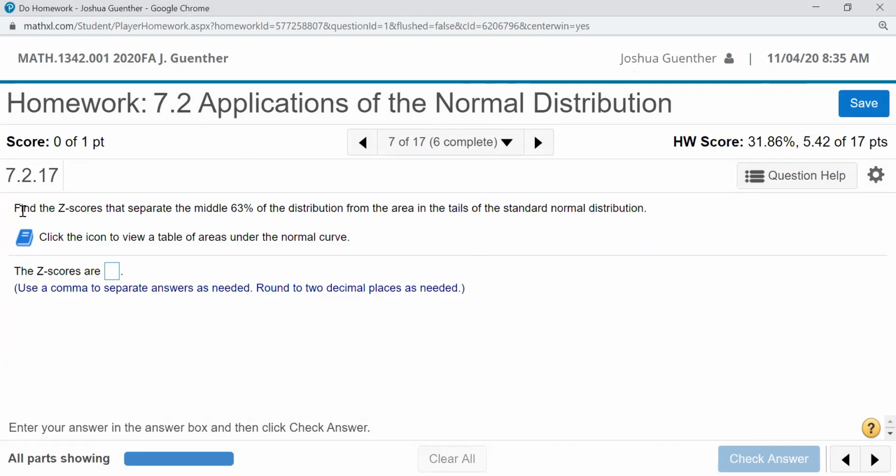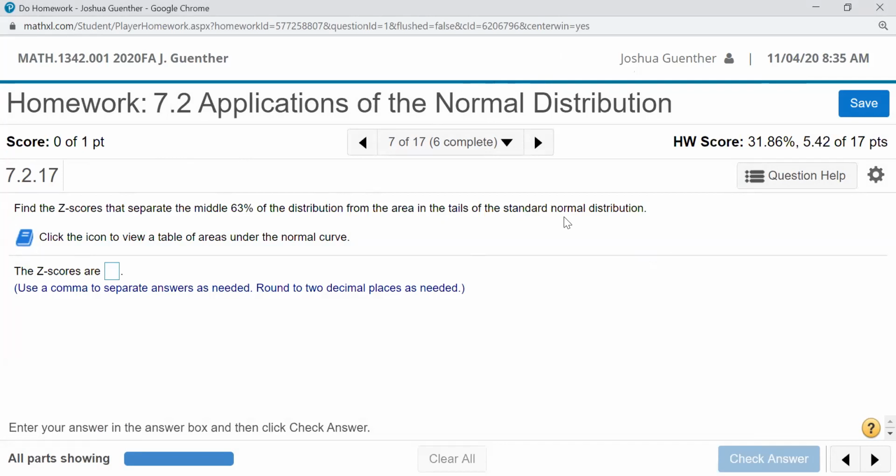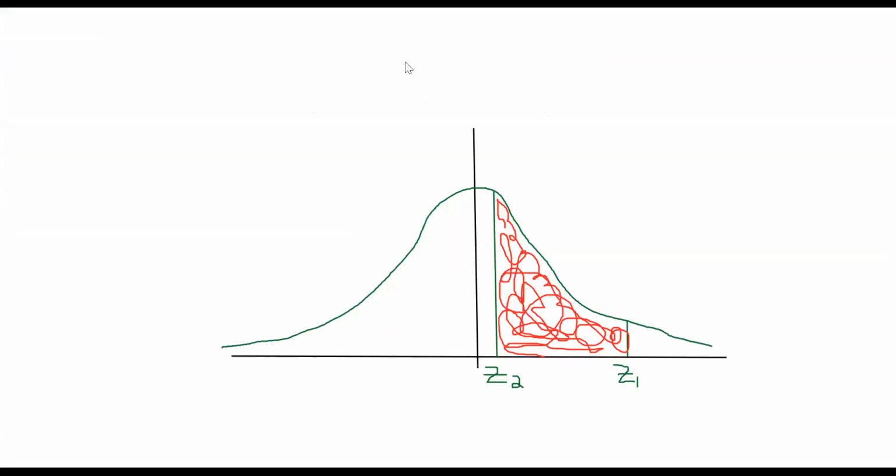All right, so we're rocking and rolling. Now we've got to find the z-scores that separate the middle 63% of the distribution from the area in the tails. The tails are the side parts. Again, let's look at a picture. I think that would be most helpful. There's our Z1. This is going to be our Z2.